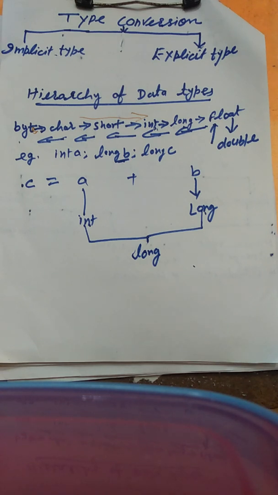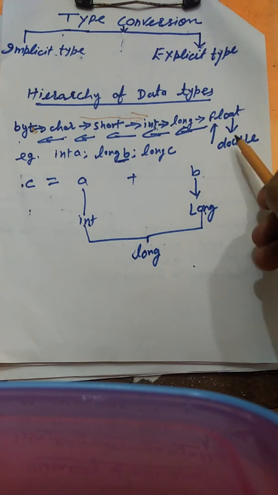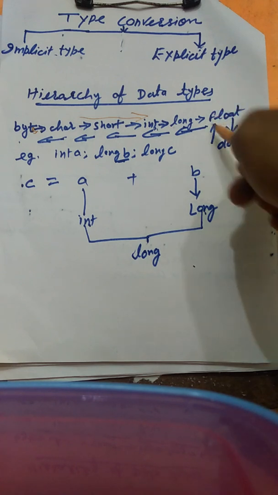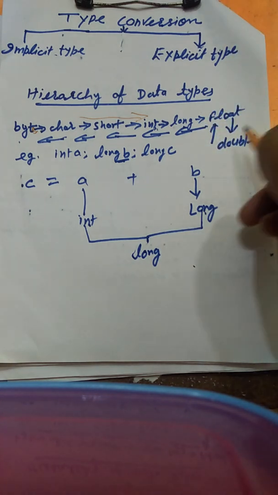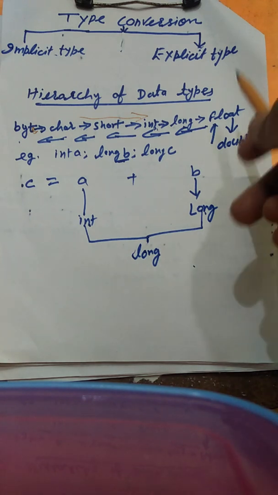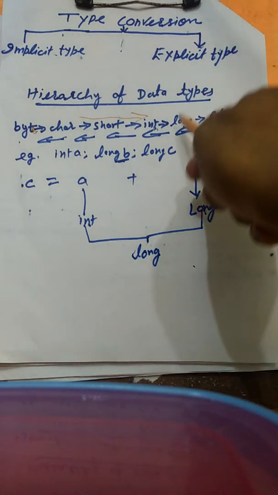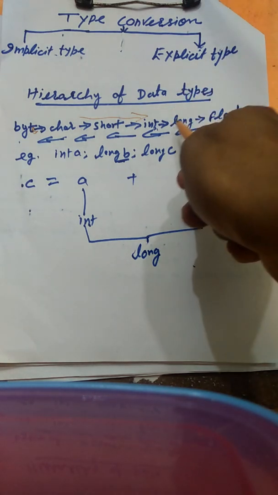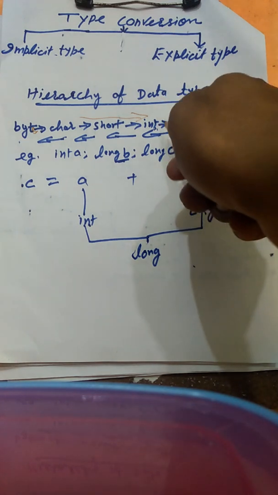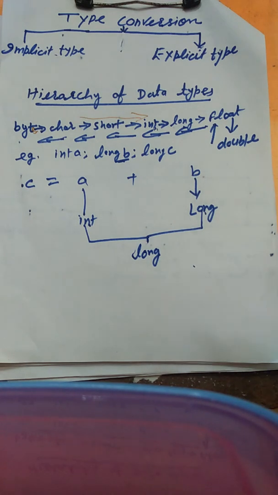In this type of conversion, data will be lost, because if your data is double and you put the data in float, then data will be lost because double is a bigger unit than float. And suppose your data is float and you put it in long, then your data will be lost. And if you put long into integer, then your data will be lost.